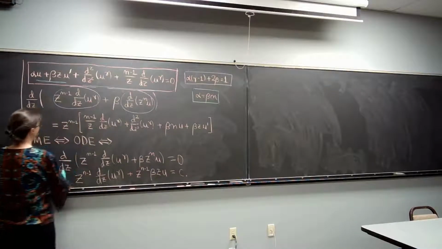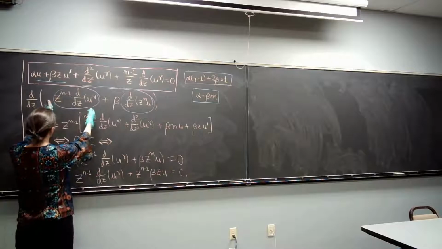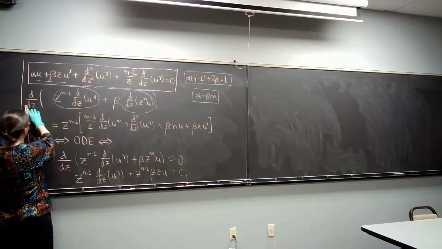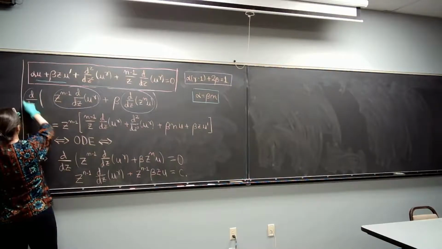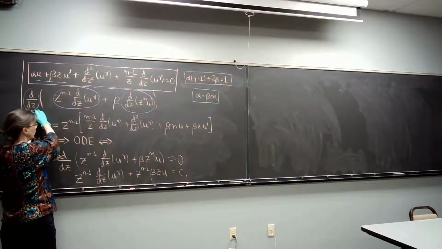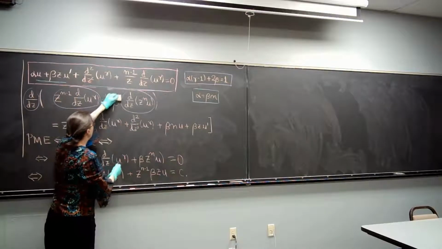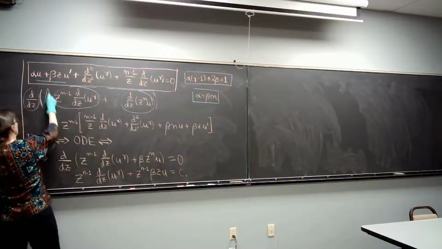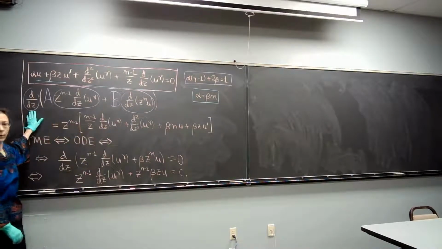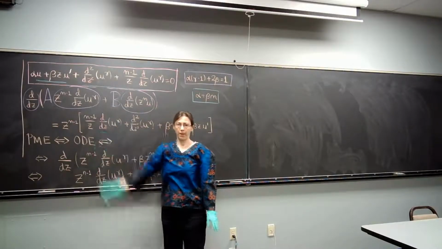Basically, we checked what happens when you apply this derivative to this. And we checked what happens when you apply this derivative, d dz, to this. Now what we're going to do is apply the derivative to a linear combination of those expressions.